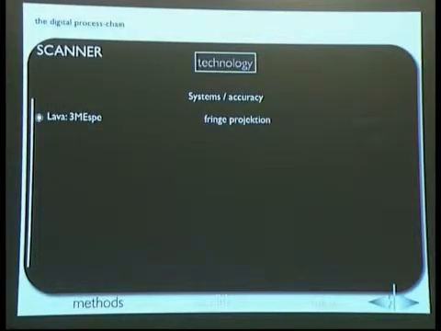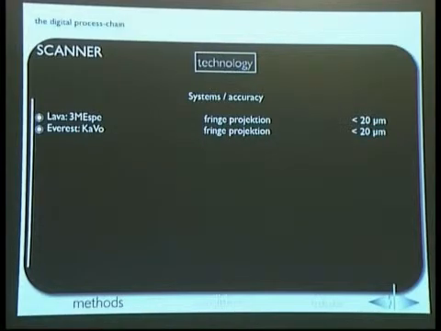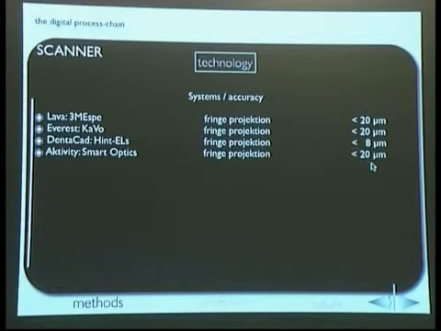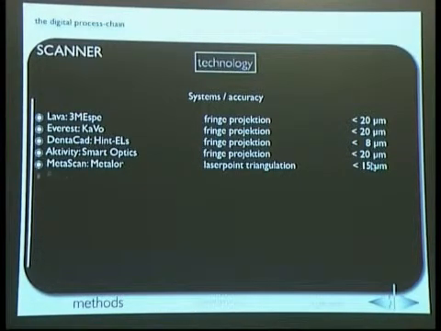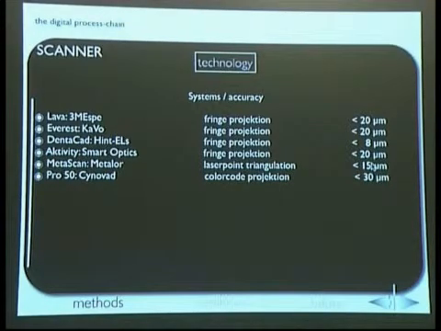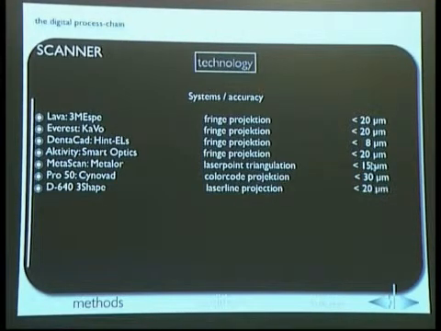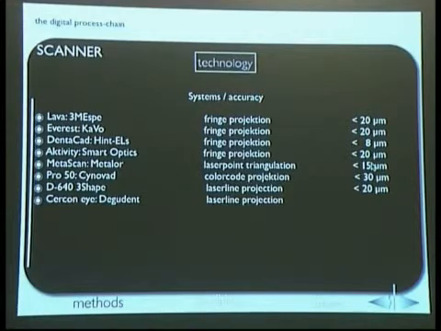And now the question is, normally we would say, okay, the best technology or the best method is this method, because it has the best results in accuracy. But there we can see that the different technologies or methods do not have the only influence on the accuracy. You have different projection types and different accuracies.